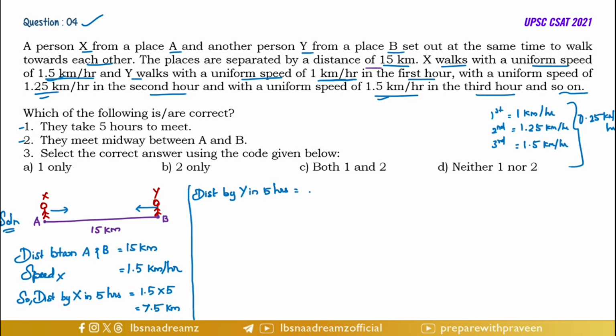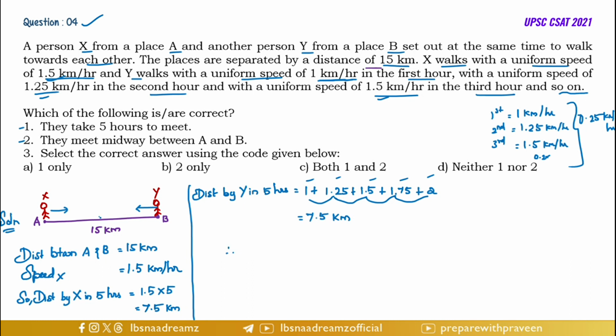So let us assume that he is walking 1 plus 1.25 plus 1.5 plus, let us add 0.25, 1.75 plus 2, right? So 1, 2, 3, 4, 5. Add all these, which is equal to 7.5 kilometer, right?